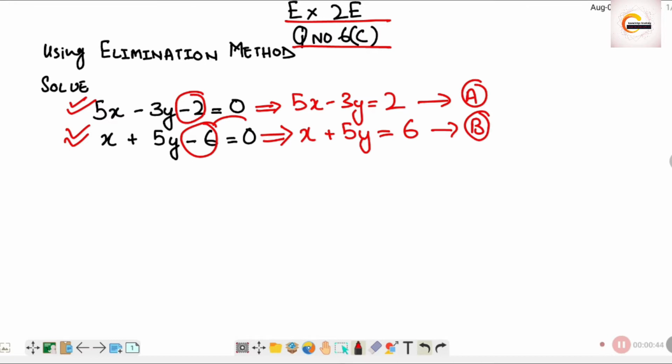Now as we can see, suppose we are taking the x variable.